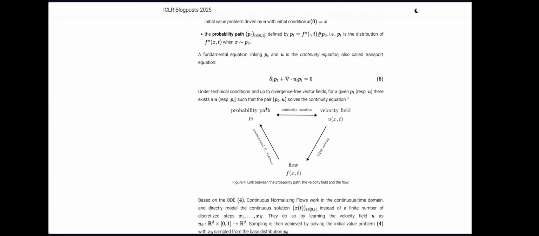So here is a summary. There's a probability path, right? So P0 and then PT takes you from P0 all the way to P1. This is done by a velocity field that we need to figure out. And if you solve that, it will give us something called flow that exactly tells us where particles are going at each point in time and space.